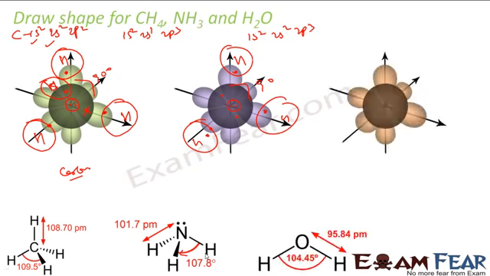Also, if you see water, oxygen is 1s2, 2s2, 2p4. So I have 2 electrons in 1s, and in 2p4, I'll put 1 in all 3, and one more I'll put somewhere here only.